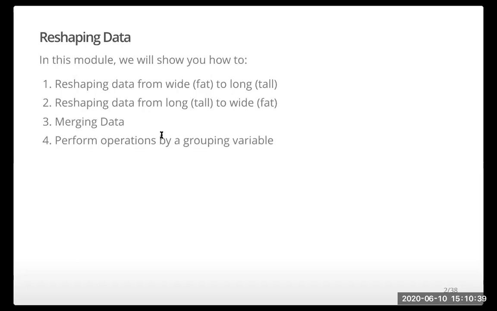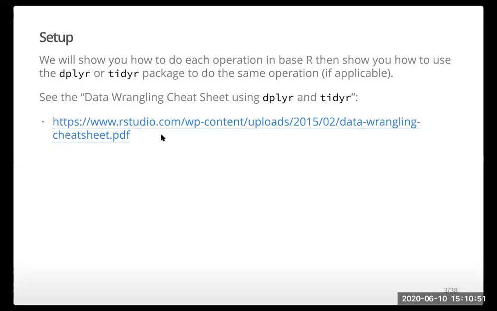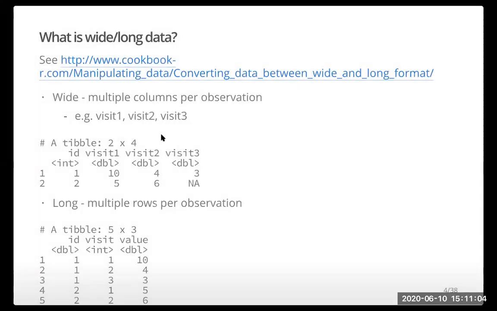And then reshaping the data back from long to wide, merging data and performing operations by a grouping variable, which we've already covered in some other instances, but we're going to refresh some of those things. And I will define what I mean by wide and long. We will show everything in the dplyr or tidyr package. If you go to the ends of these slides, some of the other base R implementations will also be discussed.